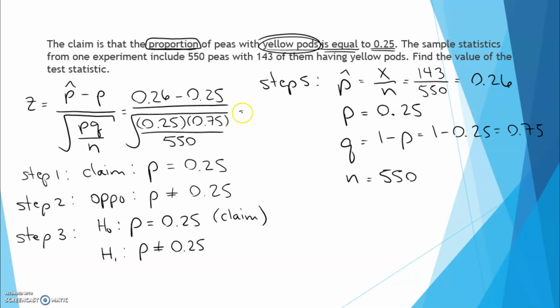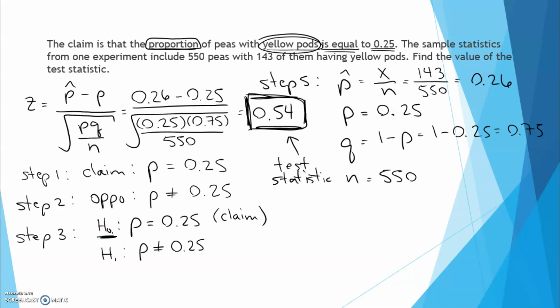Now this should come out to be 0.54. That right there is your test statistic. This number right here is going to help us in determining what do we need to do with H sub 0. Do we reject or do we fail to reject it?